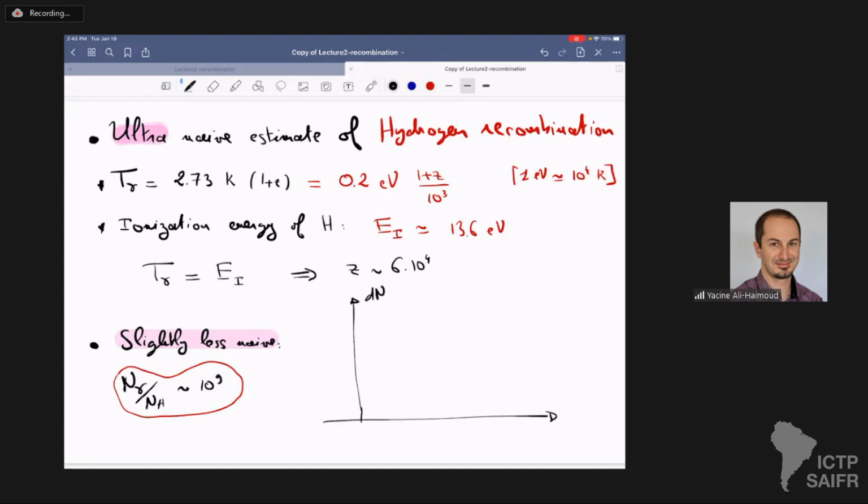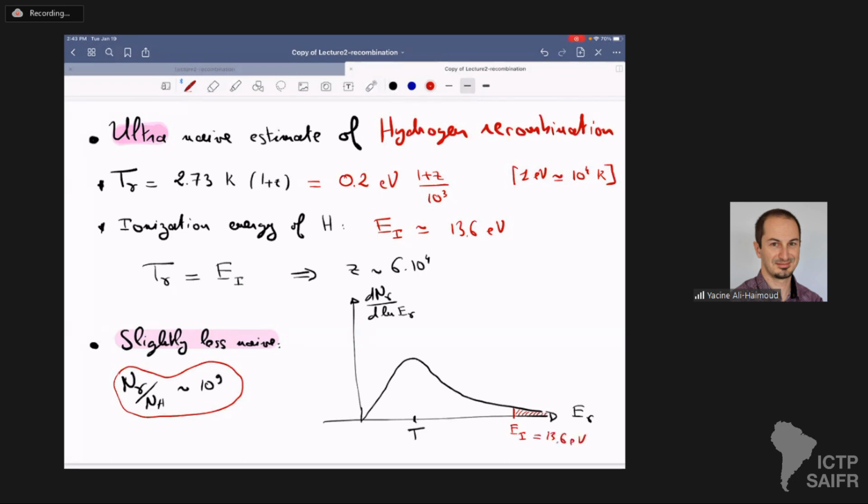So at any given redshift, if I plot, for example, dn_photons per logarithmic interval in photon energy as a function of photon energy, I have a black body spectrum. The peak is around T. You can figure out exactly where the peak is. But really, the photons that matter for ionizing hydrogen are the photons whose energy is larger than 13.6 electron volts.